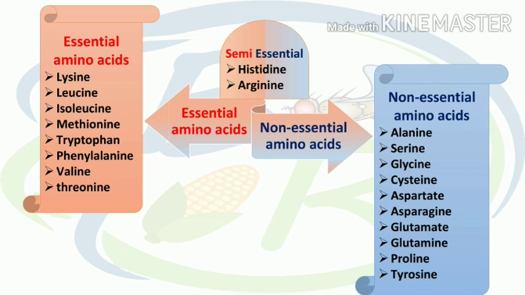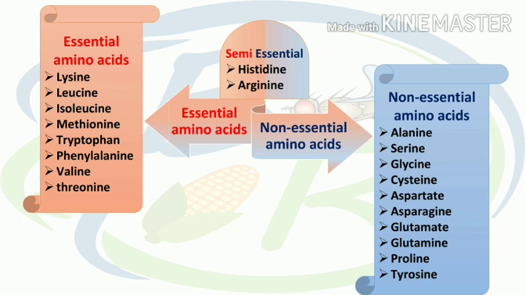So the last component of this lecture is to categorize the amino acids on the basis of their need in the body. On this basis, the amino acids can be categorized into essential, non-essential and intermediate, that is semi-essential amino acids. Now the question arises how we are categorizing these amino acids into essential and non-essential groups, and the answer lies in the metabolic pathway.